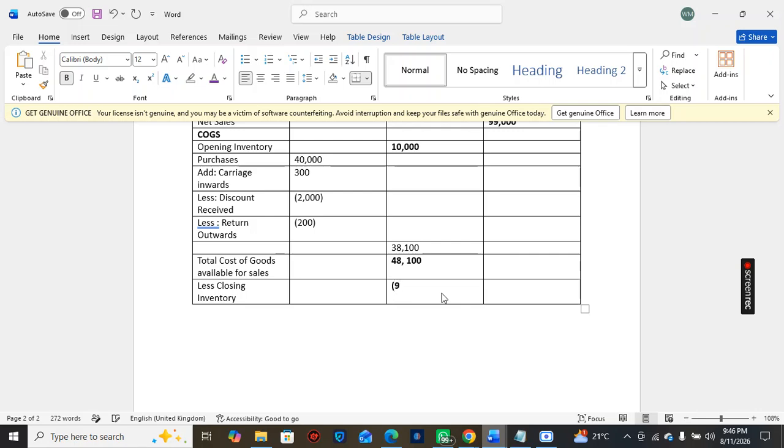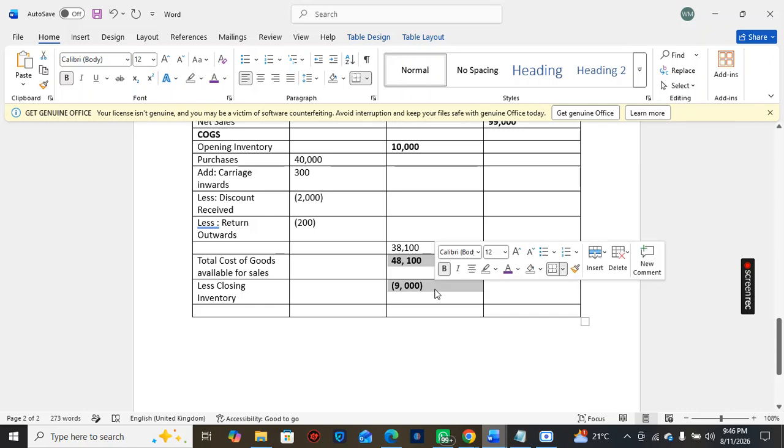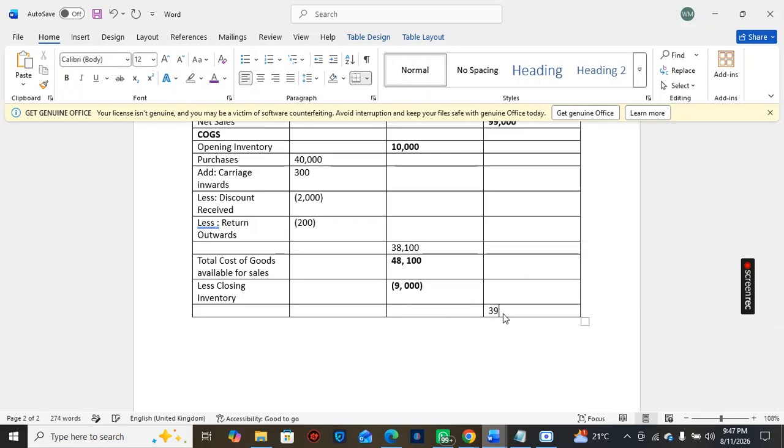So the cost of the cement that was sold, you say 48,100 minus 9,000, 39,100. Cost of goods sold. Any questions?